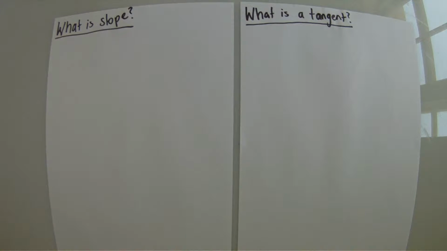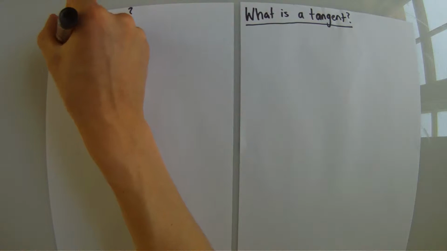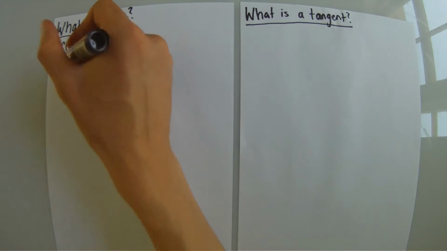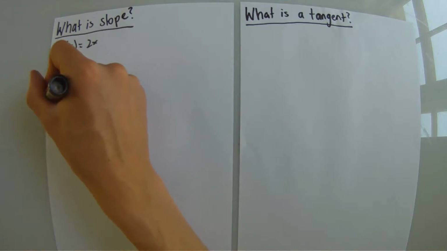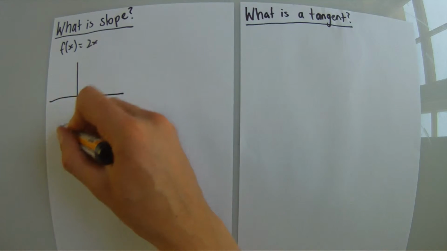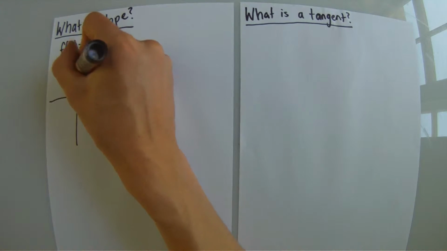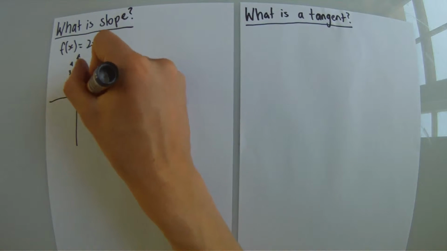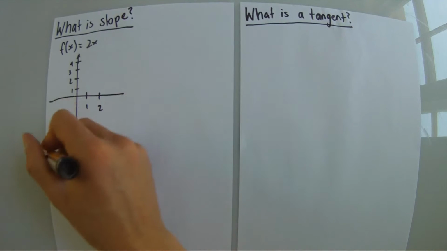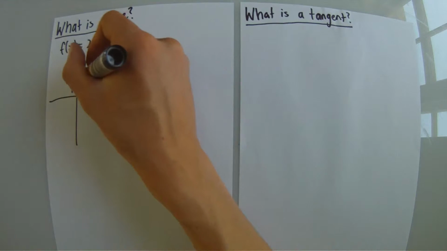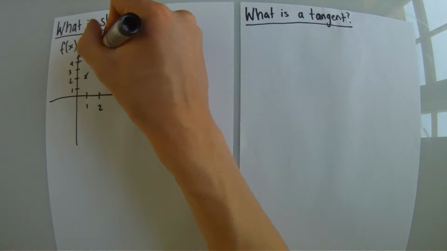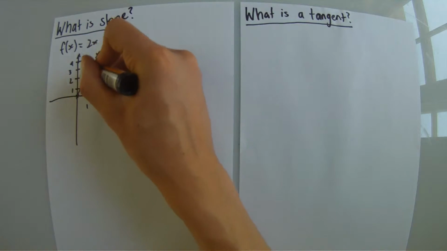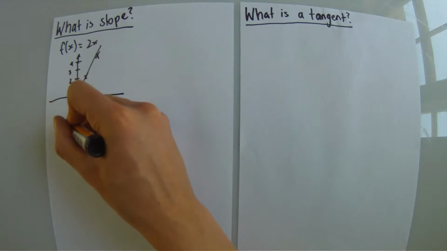So if we take a simple function, for example, f of x is equal to 2x, and we plot the graph of this function, we know roughly that it looks something like this.